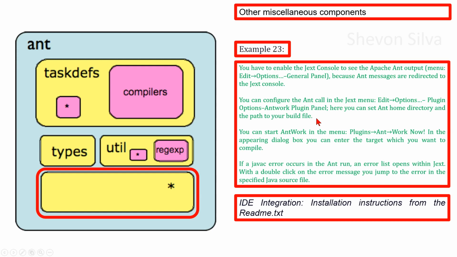Here you can set the Ant home directory and the path to your build file. You can start Antwork in the menu, plugins, then Ant, then work. In the appearing dialog box, you can enter the target which you want to compile. If a javac error occurs in the Ant run, an error list opens within Jext. With a double click on the error message, you jump to the error in the specified Java source file.